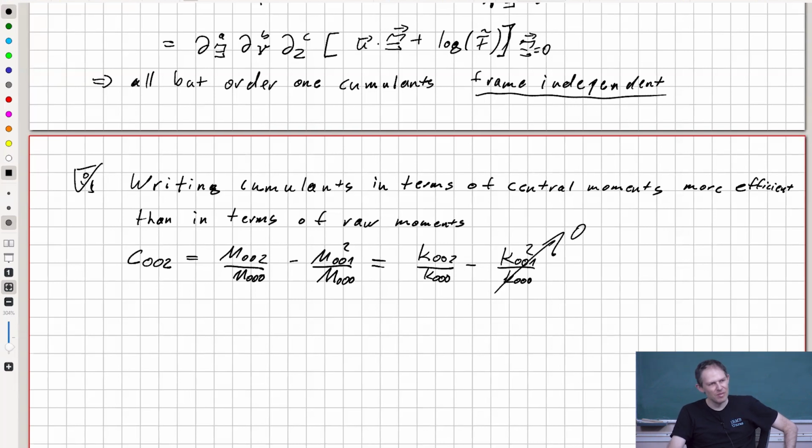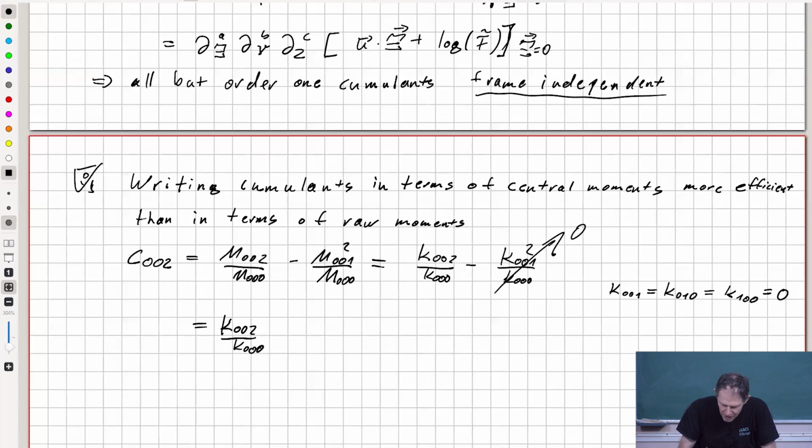So it's more convenient to put this to 0, because K001 is equal to K010 is equal to K100 is equal to 0. Meaning that it is K002 divided by K000. And this, of course, plays a much bigger role the higher the order of the cumulant is, because for higher order cumulants, the equations can and do get pretty long.